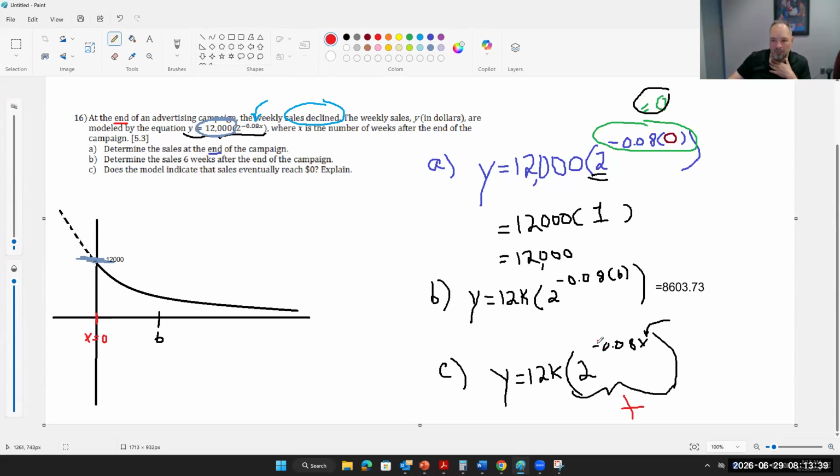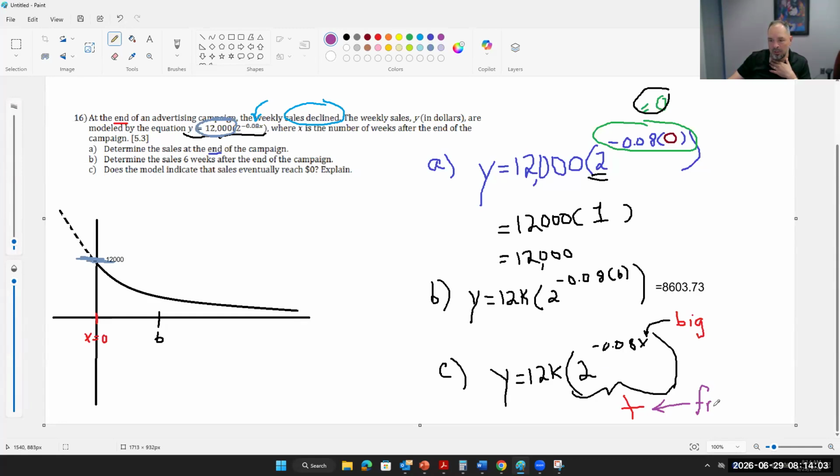Now, this minus sign will likely make this very small. Even if this goes real big, what this ends up being is a fraction.